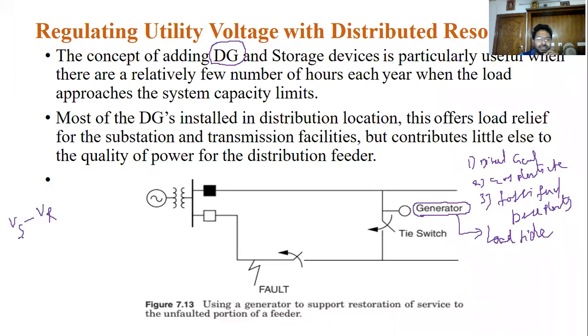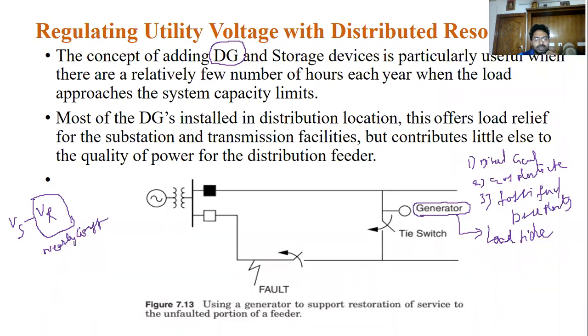It is a measure of the change between the source and the load side voltages; we call it the voltage regulation. You have to maintain this as nearly constant. What will happen?